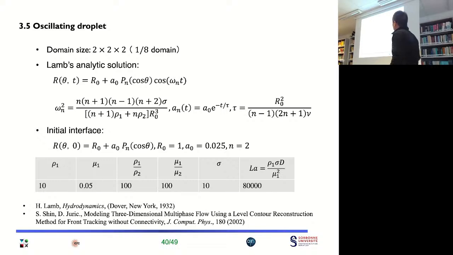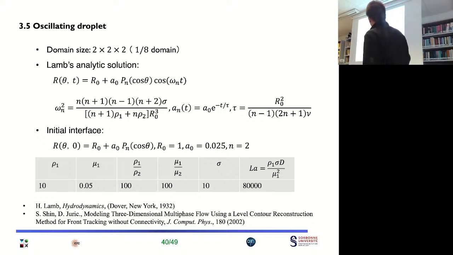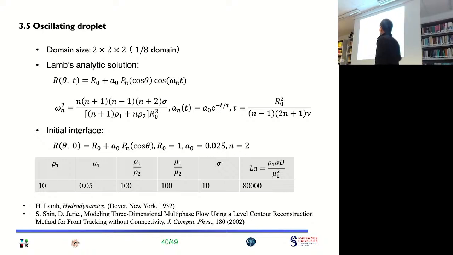We also validate the 3D EBIT method with the oscillating droplet under zero gravity case. Lamb presents an analytic solution for the interface, for the initial interface described by the nth order Legendre polynomial.